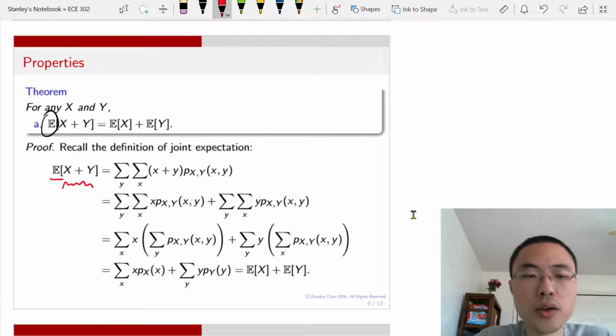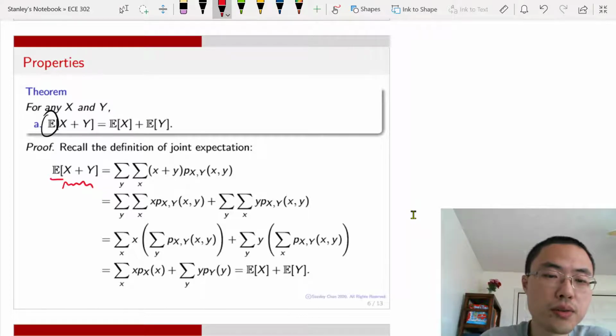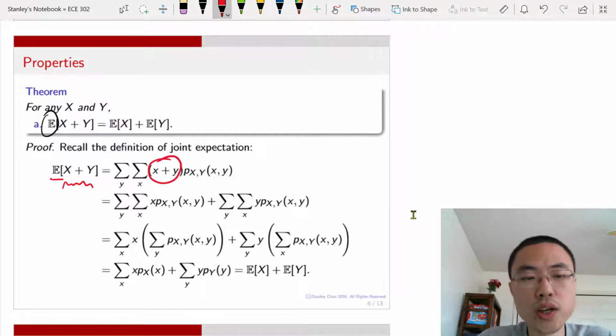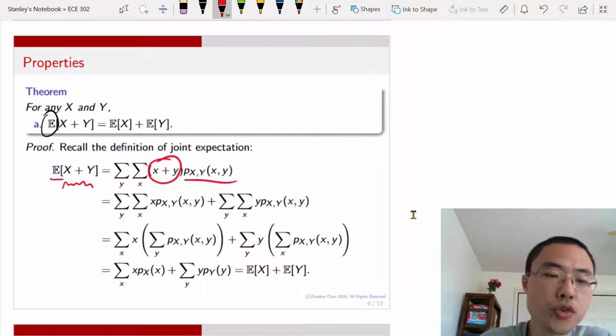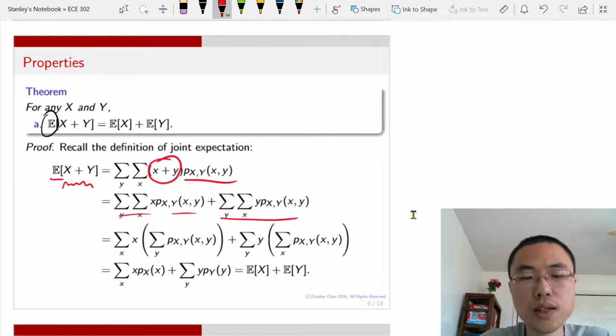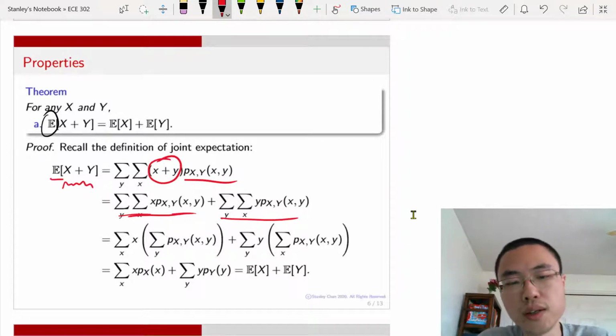What is it? Well, according to the expectation, it would be whatever you want to calculate times the joint PMF. So you plug this in, and then now you realize that you have x plus y, so you can separate them into two independent summations, one for x and one for y.